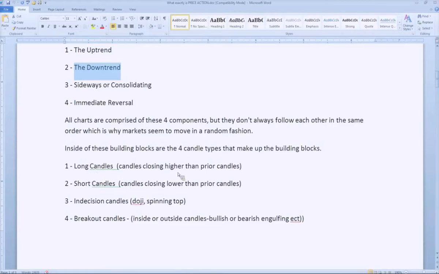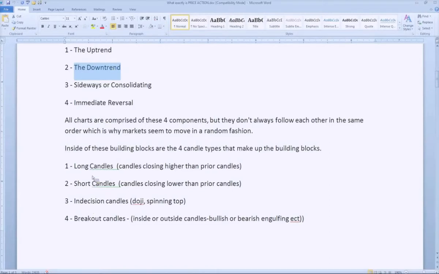Inside of these building blocks are four candle types. You have long candles, and these are candles that close higher than they open. Short candles are candles which close lower than the open. Then you have indecision candles like dojis and spinning tops. Then you have what I call breakout candles, and these could be pin bars, inside bars, outside bars, bullish, bearish, engulfing.